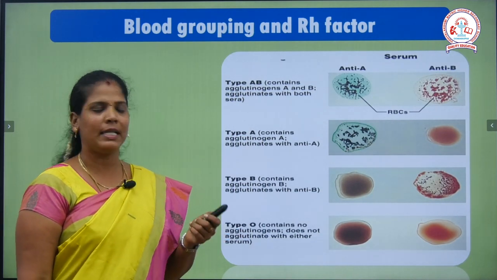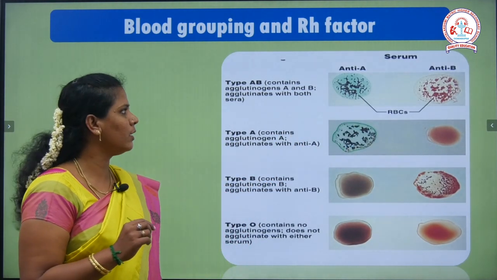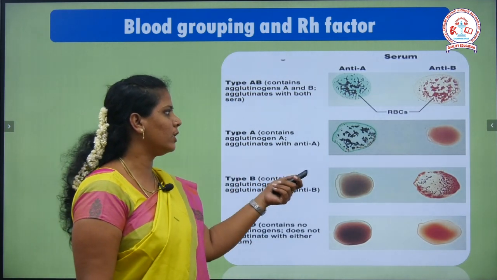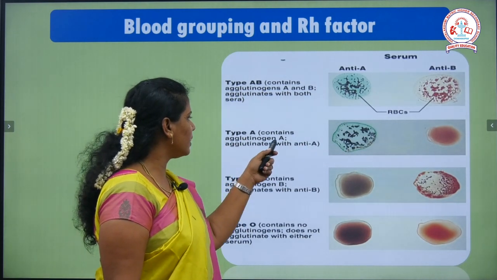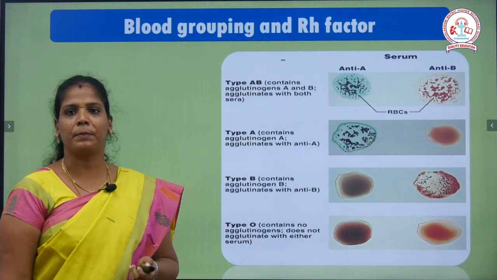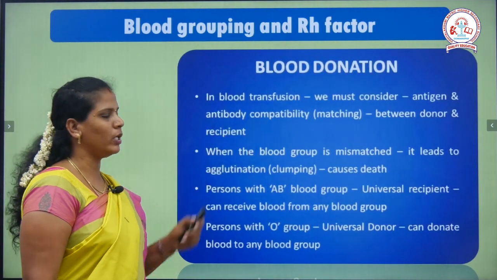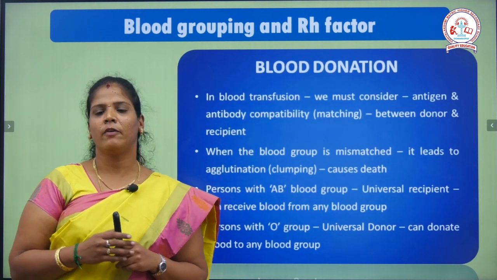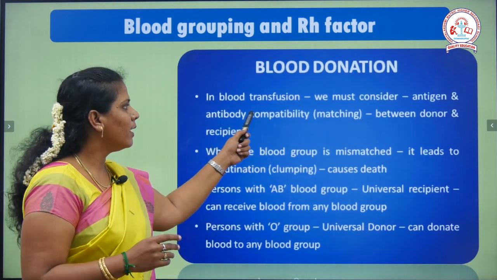You can see the RBCs, with antigen A present on the surface of the RBCs, and B blood group has a different kind of antigen on the surface of the RBCs. In group AB, both antigens A and B are there, and group O does not possess any kind of antigens.